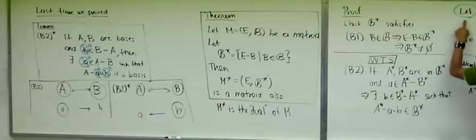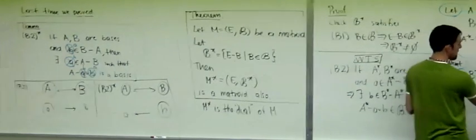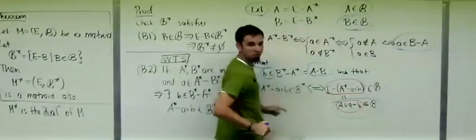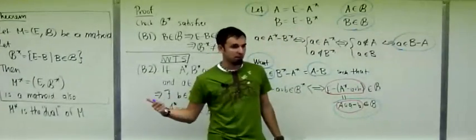Let A and B be bases, let little a be in B minus A. Then I can find B in A minus B such that I can perform the swap. Exactly what I have over there.